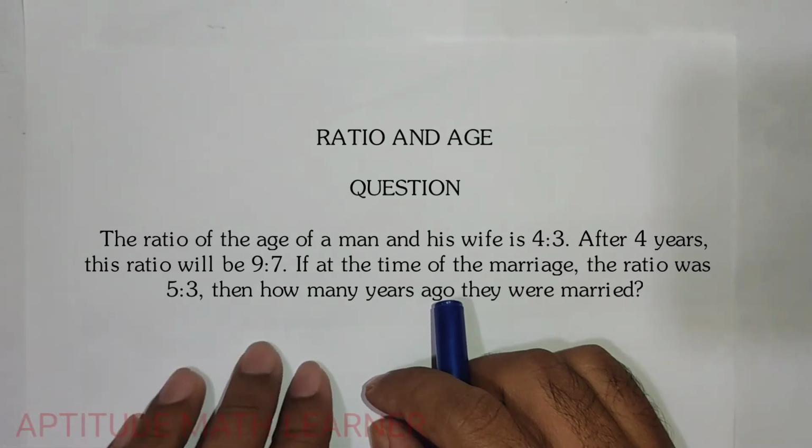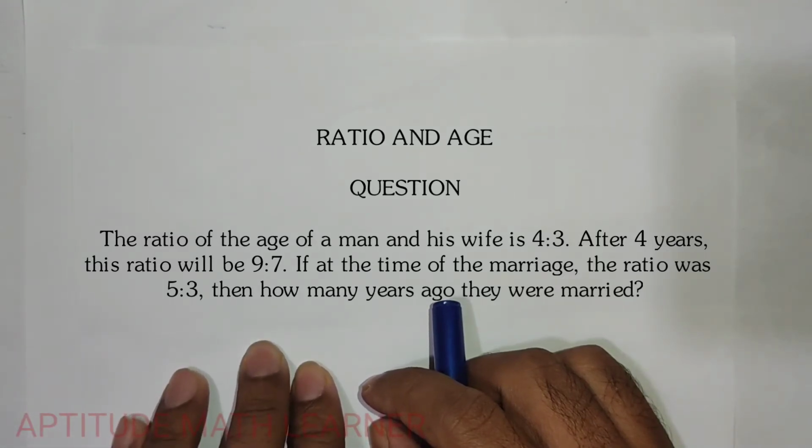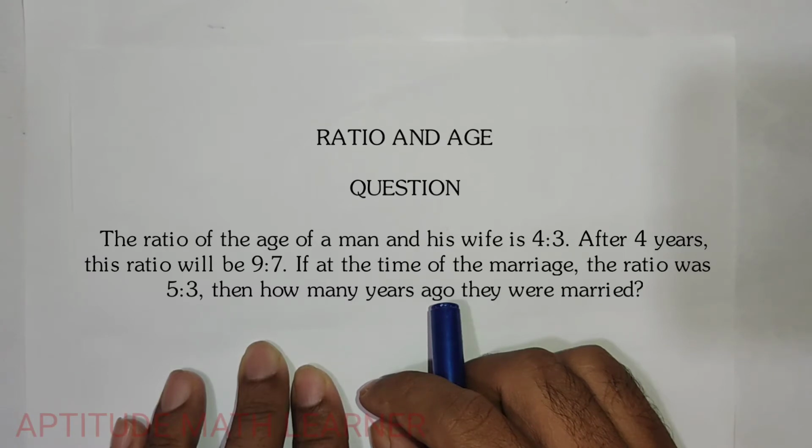So today we have a question related to ages and ratio. The question is: the ratio of the age of a man and his wife is 4:3, and after 4 years this ratio will be 9:7.